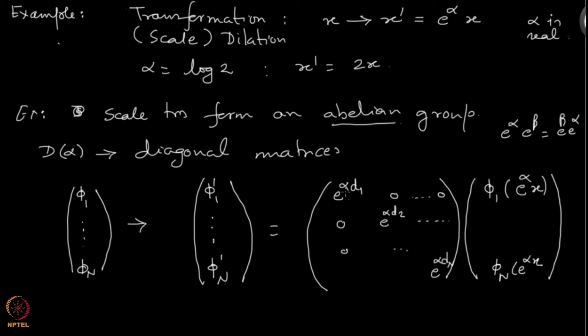These d1, d2, d3 will depend on what kind of fields these are. I'll give you one example, and it will be clear that these will in general be different and depend on what fields you have in the problem. But it is clear that it has to have this structure.